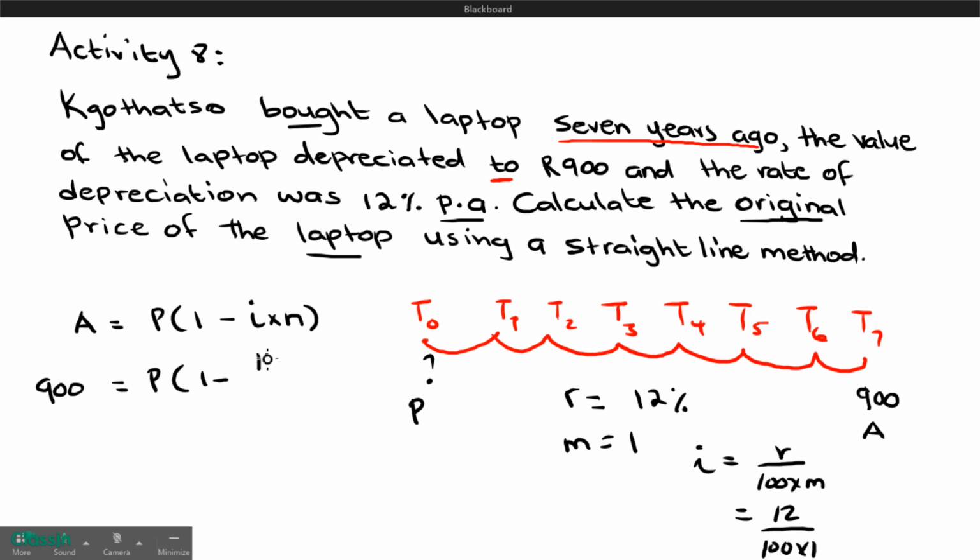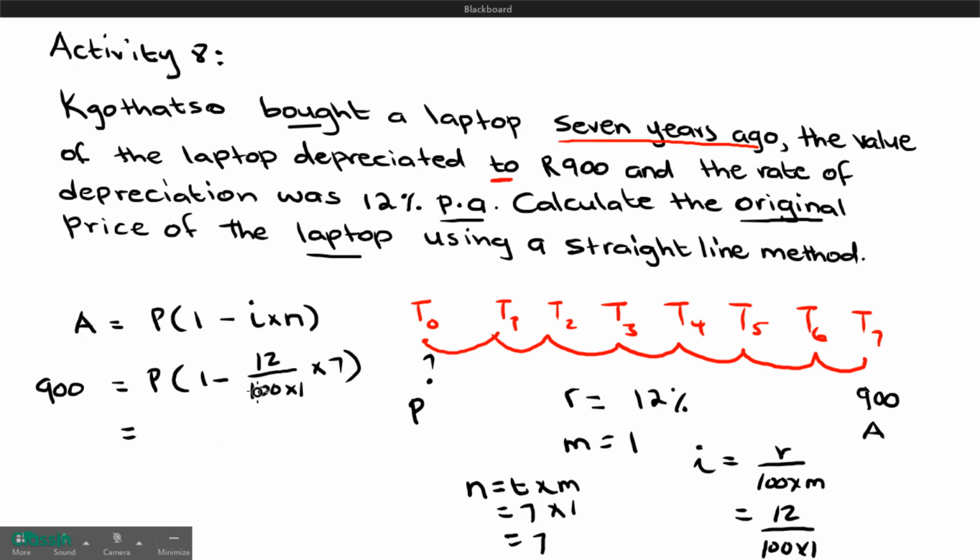How much is our N? We know that N is the same as T multiplied by M, which is the same as 7 multiplied by our M is 1. 7 multiplied by 1 is 7. Therefore, we put 7 there.